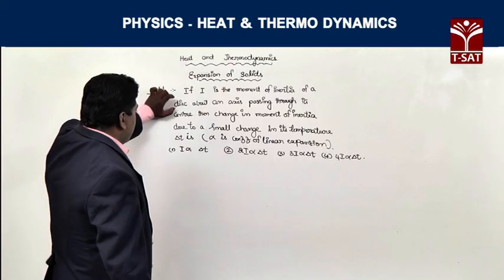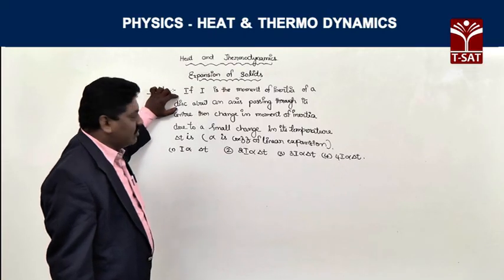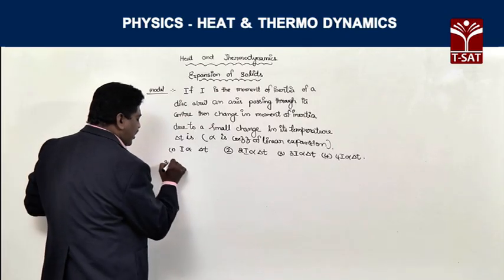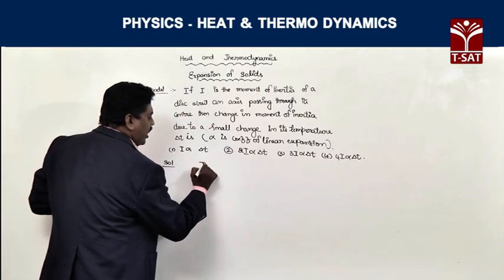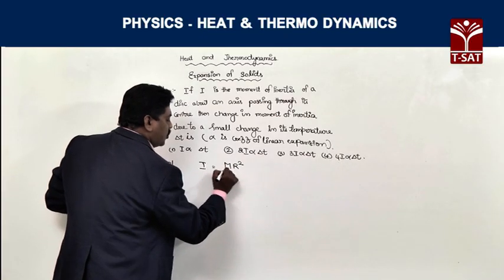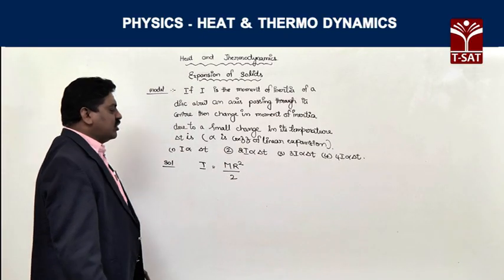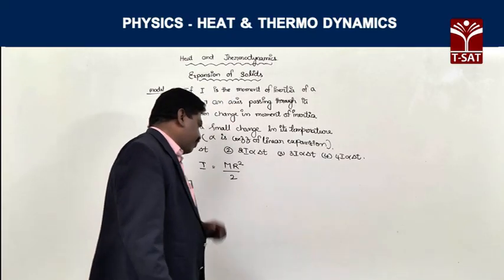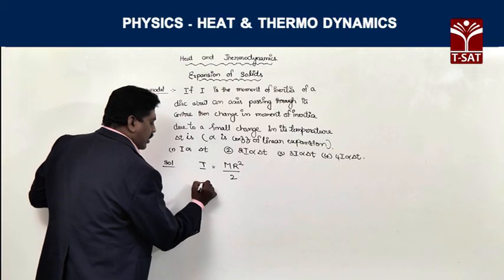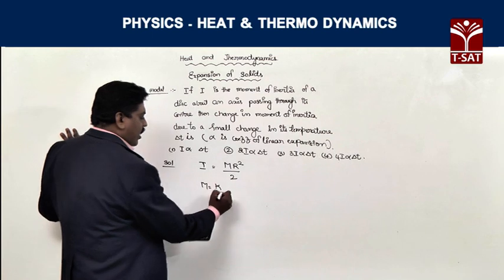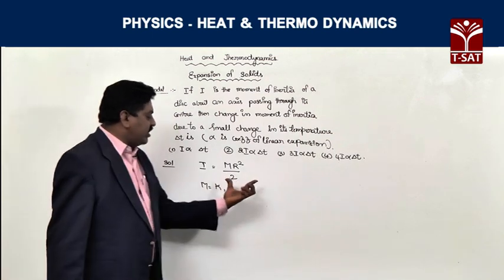Now, we are given a circular disk, okay. The moment of inertia of a circular disk is given as I equals to m r square by 2 about an axis passing through the center and perpendicular to its plane. Now, here the mass of the disk remains constant, okay. Let the temperature be changed.